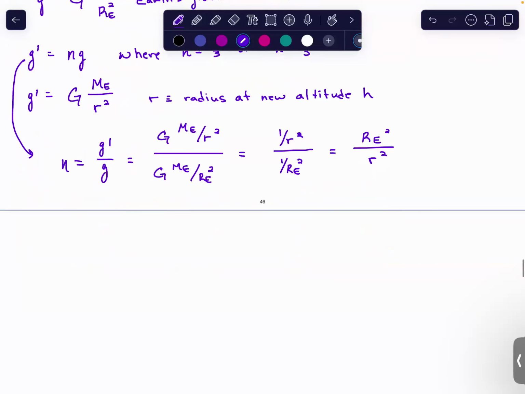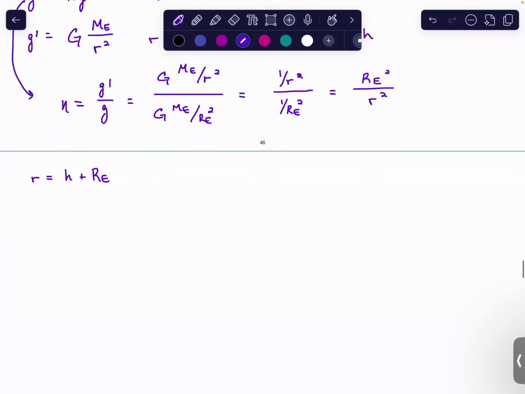Now remember that we said our new radius r is going to equal our altitude h plus r_e. So let's go ahead and solve for r. If we solve for r, we're going to get r squared equals the radius of the Earth squared over the value n. And then we're going to take the square root of both sides.